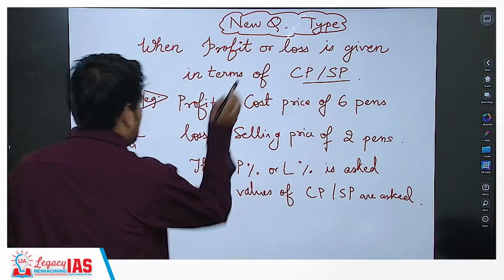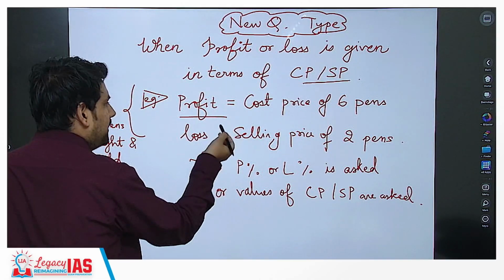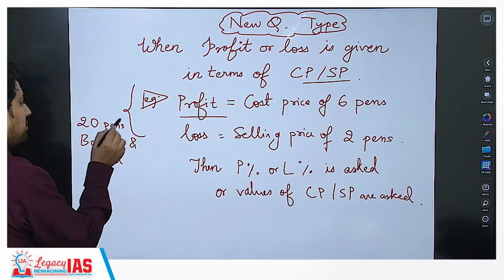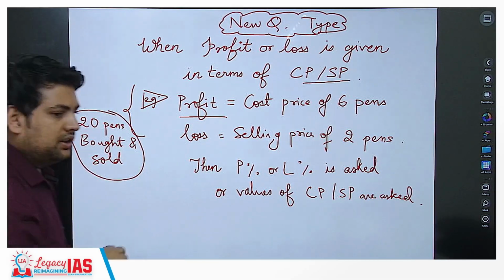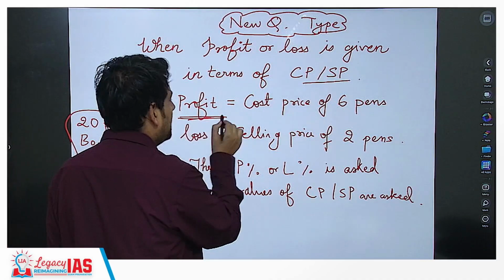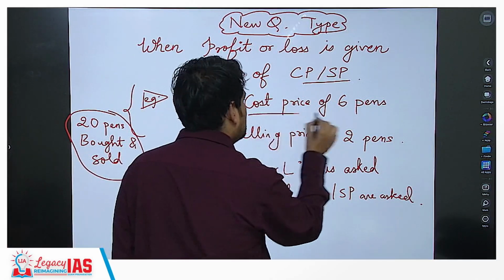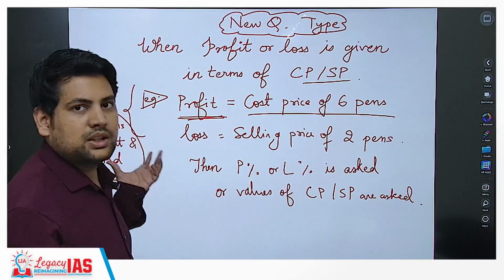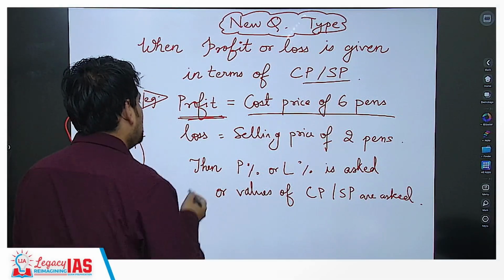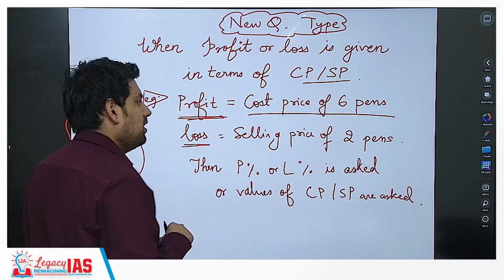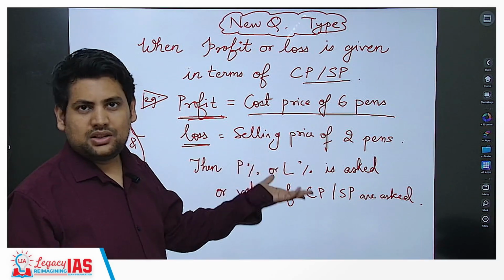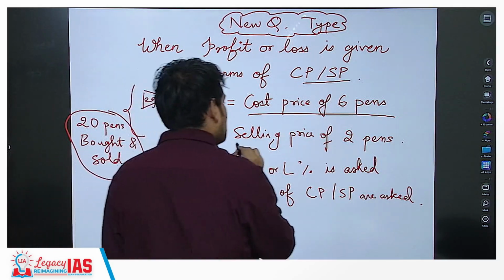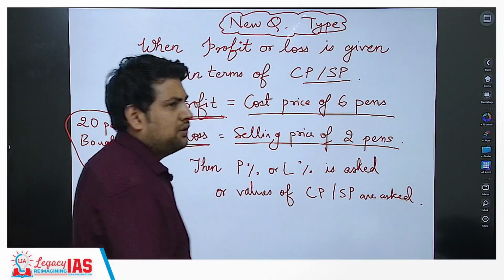Example, let's say some person bought 20 pens and sold those 20 pens. Then it will be given that the profit he gained from it was equivalent to cost price of 6 pens. Similarly, it can also give you that the loss that he incurred by buying 20 pens and selling 20 pens at some price was equivalent to selling price of 2 pens.